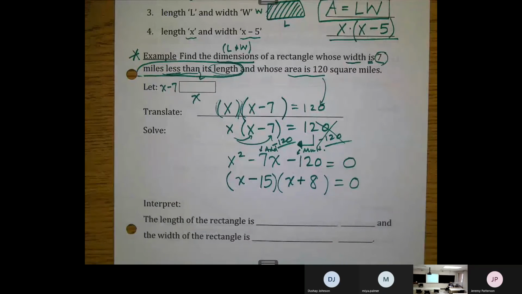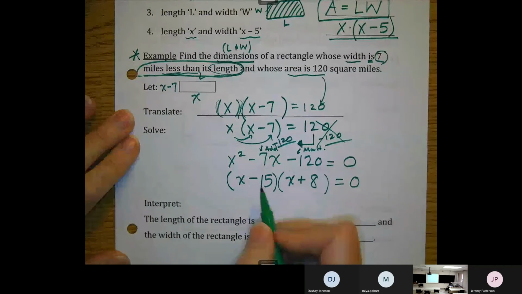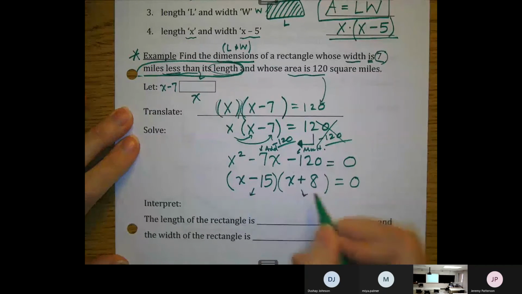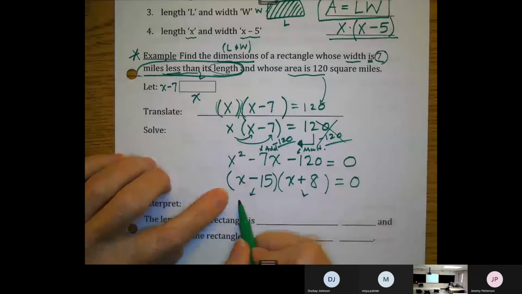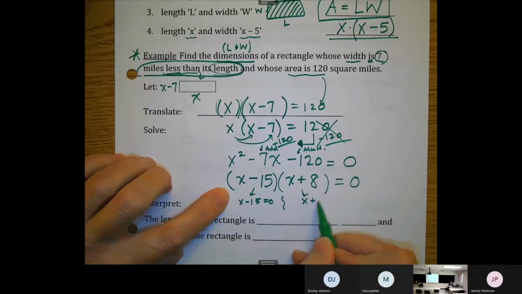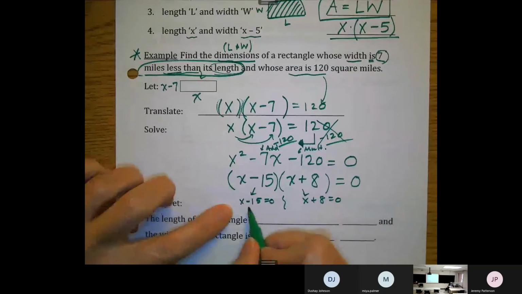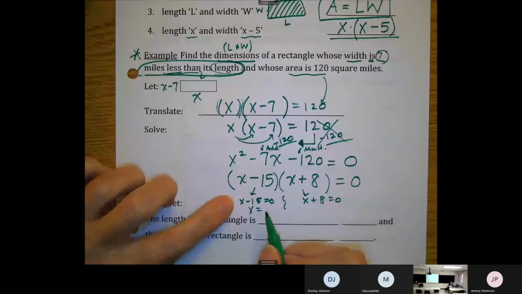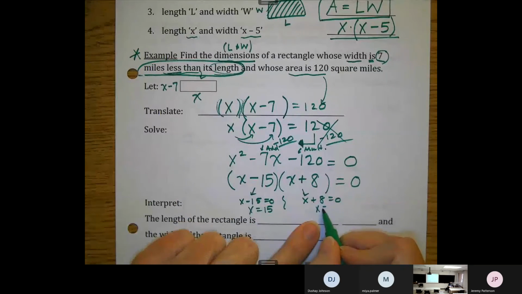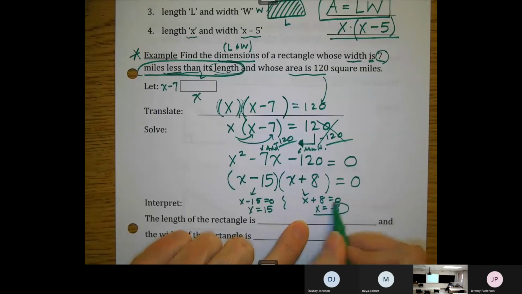Negative with the 15. Then we would separate and get our two solutions. So it looks like the 15 would end up positive and the 8 would end up negative.